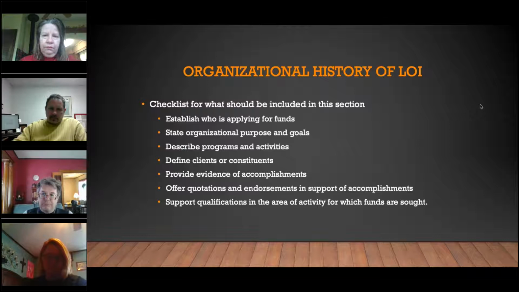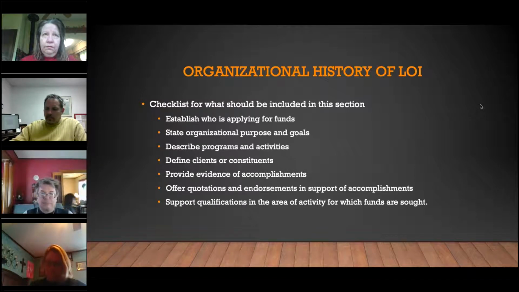The organizational history should establish both the organization's credibility and its qualifications for receiving funding. On the screen is a checklist for what needs to be covered in this section of your letter of inquiry.